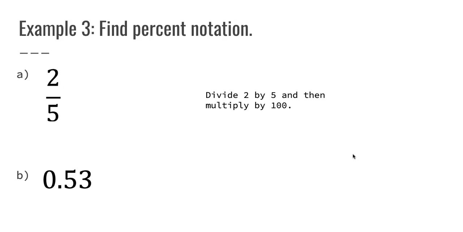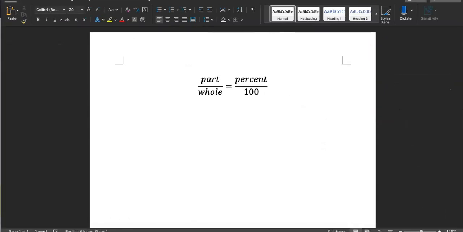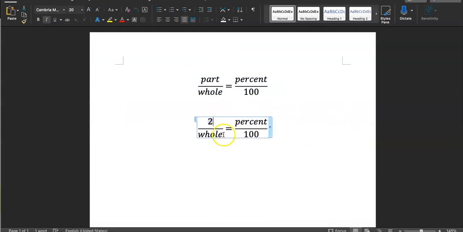We can do this using that percent over 100. Yeah, we can. Let me show you. Let's see. So I'm going to get this Word doc open, and let me try this 2 over 5. Okay, so that was 2 over 5, right? So the part is 2, whole is 5. Now if I want to find percent, you can see that we're going to multiply both sides by 100.